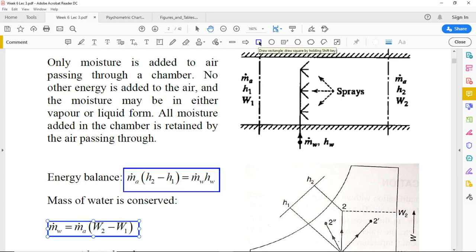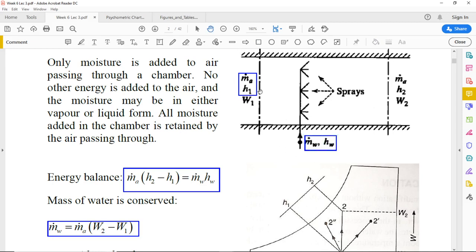The energy content of the air at state 1, at the entrance to the duct, is m dot A times H1, and to this we add the energy brought in by the water that is sprayed, which is m dot W HW.